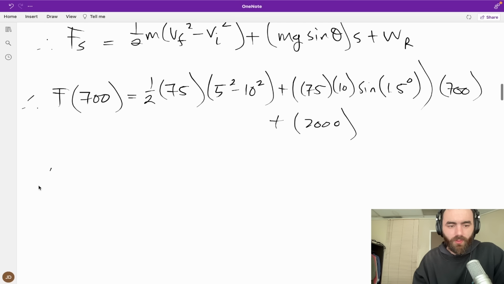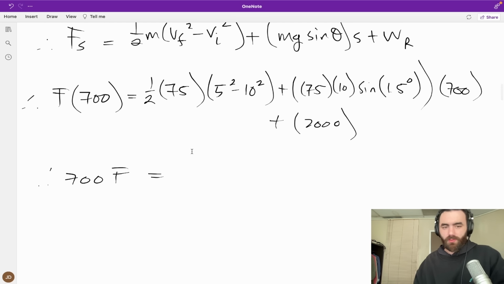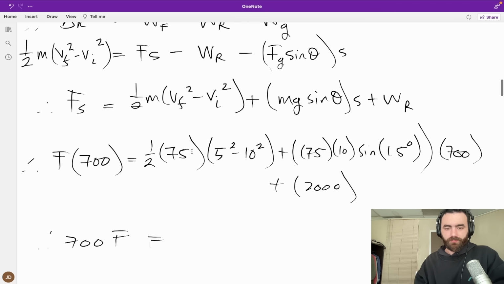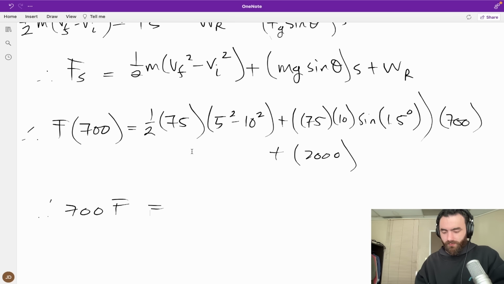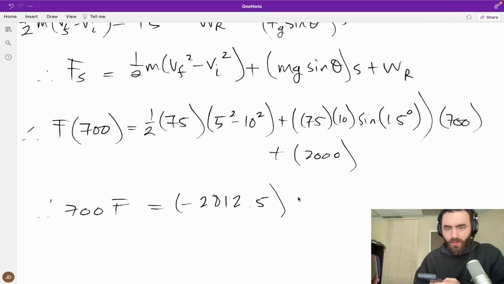Okay, therefore you get 700 F equals, well, we just want to plug all this stuff in. See, from that one equation, we found it. You didn't really even have to think about what was going on.